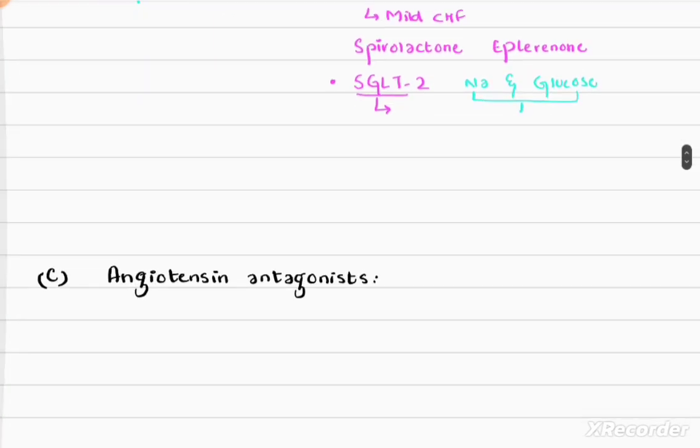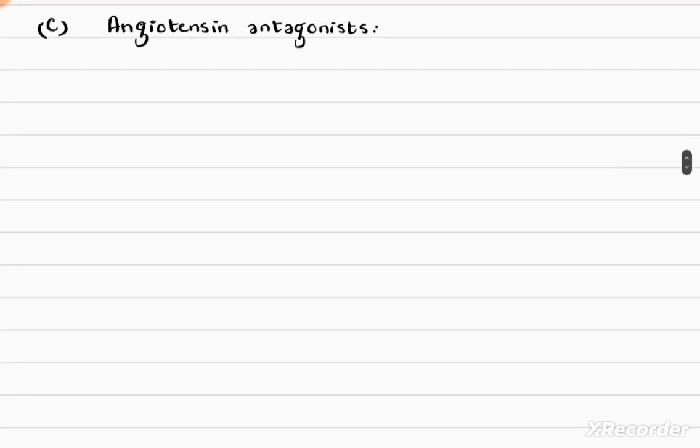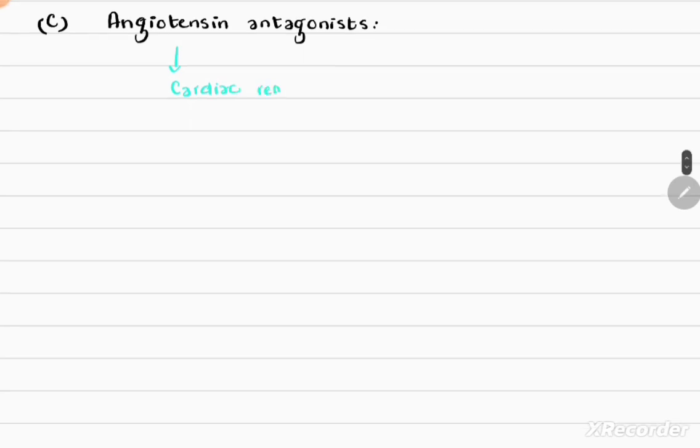The next class of drugs that is used in the treatment of heart failure is angiotensin antagonists. As we all know, angiotensin is a hormone involved in cardiac remodeling, and we do not want cardiac remodeling, as in the long run it has detrimental effects on the heart and does not benefit patients with heart failure.